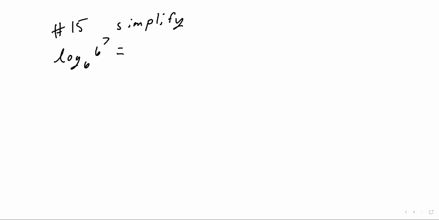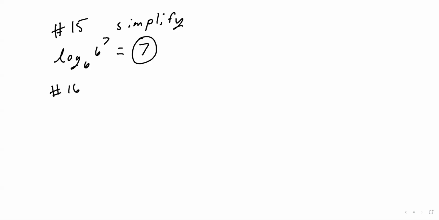Nope. What is x? 7. So if the base and the number are the same, the answer is the exponent, which in this case, the x is the 7. So we good there? These are the properties that we're going to use to simplify them.